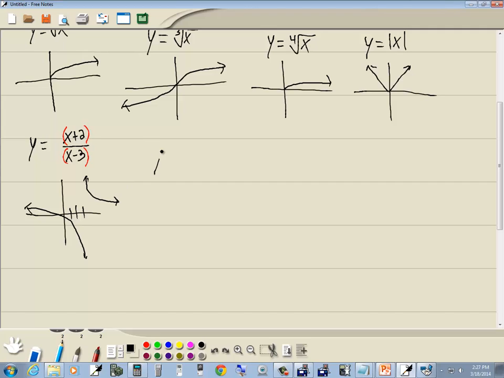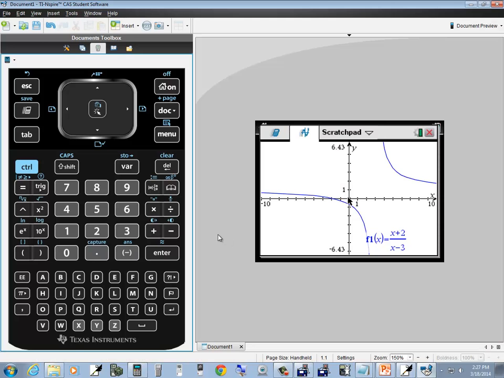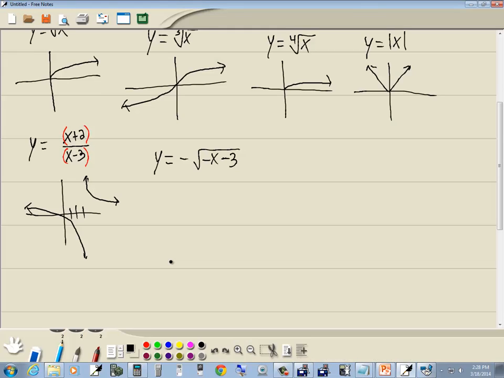Now, next one. This is not a basic building block, but it demonstrates something you need to know on your calculator. We got a dash, square root, dash x, dash 3. Dashes. Well, you got one dash here that's a negative, and you got one dash here that's a minus. In general, if the dash is the very beginning of whatever, it's a negative.